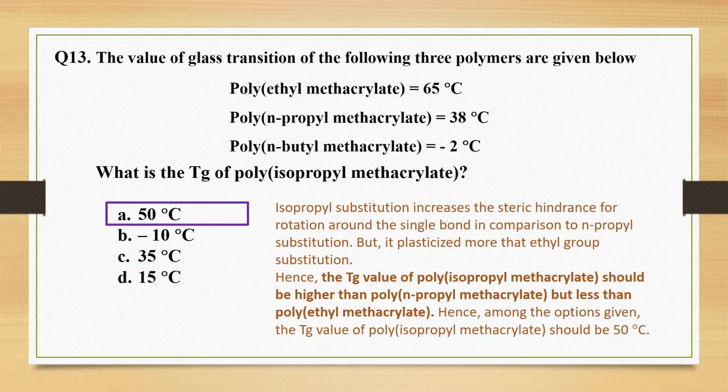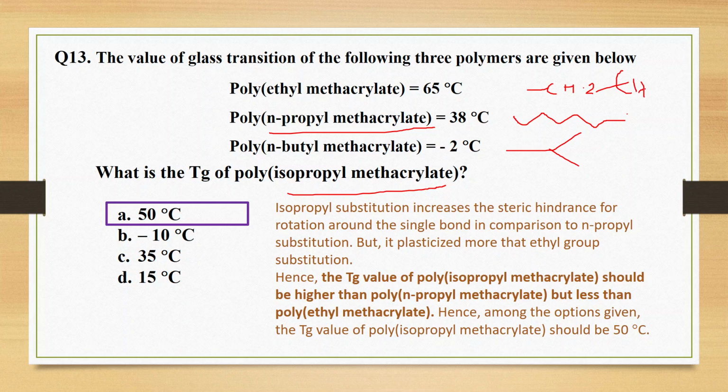Again, just quickly let me discuss this. So obviously you can see these are the 3 polymers. Those who are not understanding, for them I am explaining. For the Tg value of isopropyl methacrylate, you have to calculate. That should be higher than your N-propyl methacrylate. Why? Because in case of N-propyl, this is like a chain, CH2, CH2, CH2, 3 CH2 groups and so on.